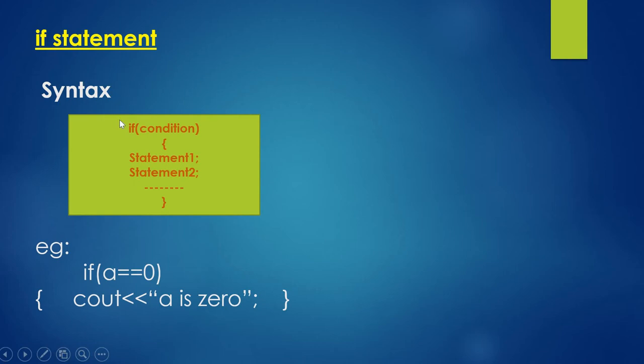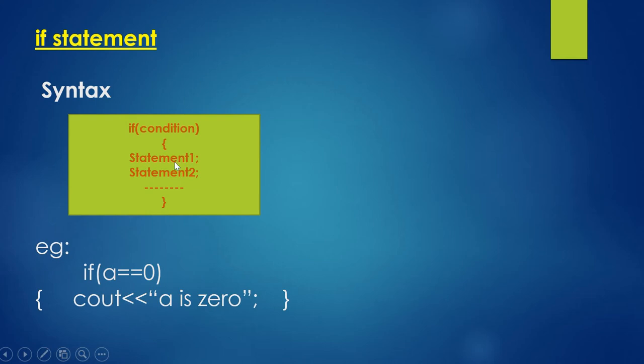First one, the if statement. The syntax of the if statement is: if, then brackets, and inside the brackets the condition. After the bracket there is no semicolon. Then, in braces, statement 1, statement 2, and then closing the braces. What is the meaning? If the condition is true, this block of statements is executed.